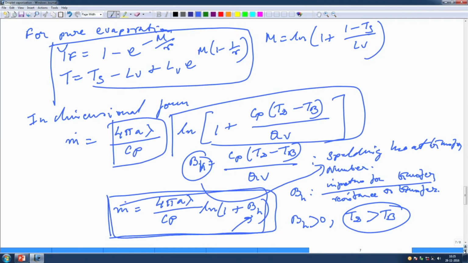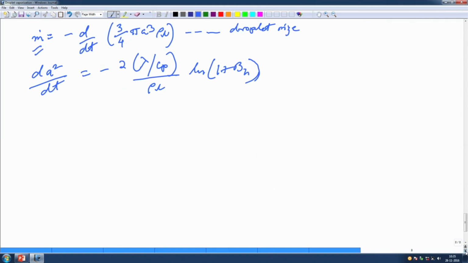So what can be done is that you differentiate this, but retain the A square term, and then you show that this is equivalent to that.